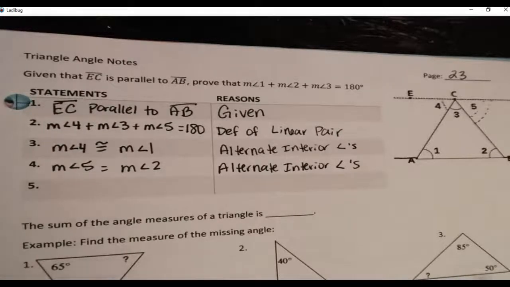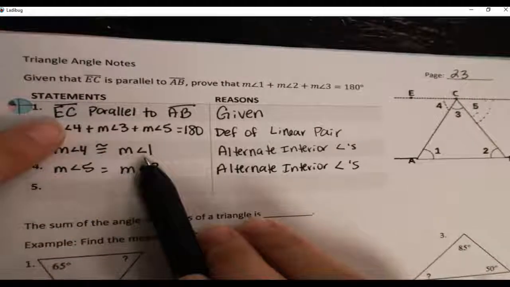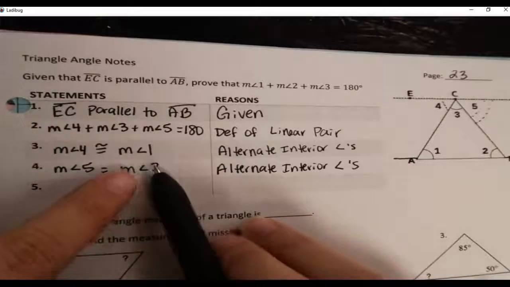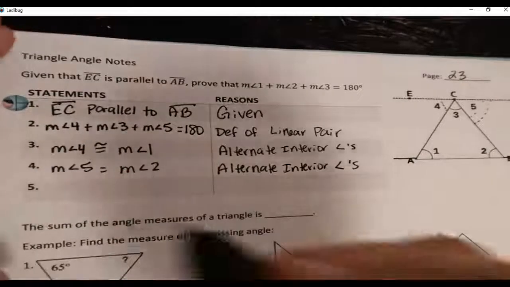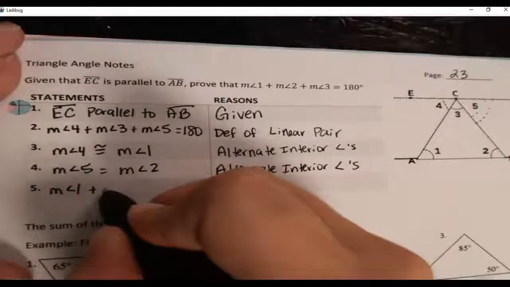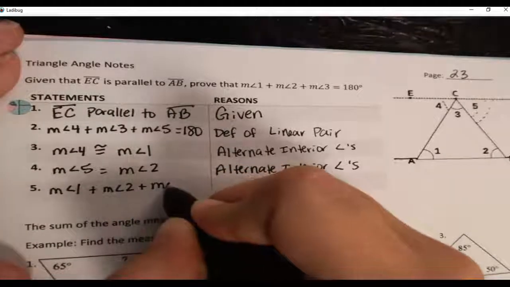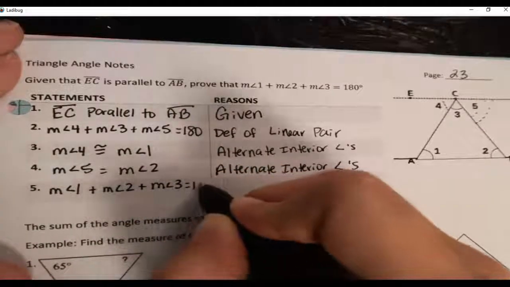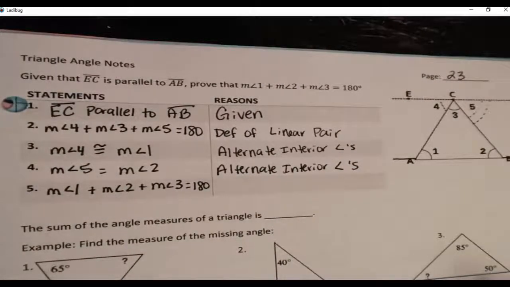Okay, so now I can take the measure of angle 1 and plug it in for the measure of angle 4, and I can take the measure of angle 2 and plug it in for the measure of angle 5. So then that'll look like the measure of angle 1 plus the measure of angle 2 plus the measure of angle 3 equals 180. And what's it called when I plug something in for something else?